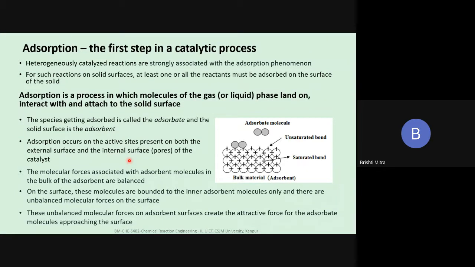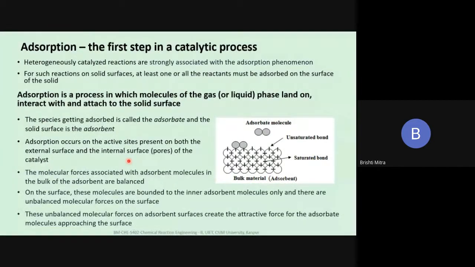There are molecular forces associated with the adsorbent molecules in the bulk of the adsorbent. If you look at these four bonds inside the bulk, they are all saturated because they are equally surrounded by the same kind of molecules on all sides.